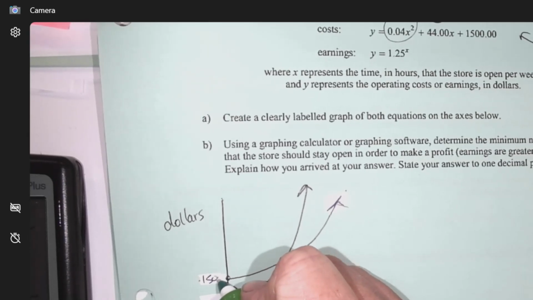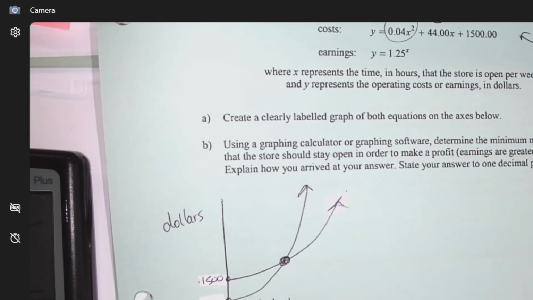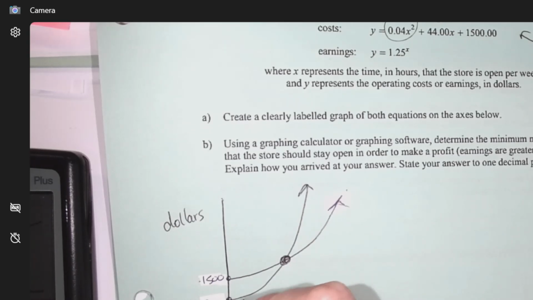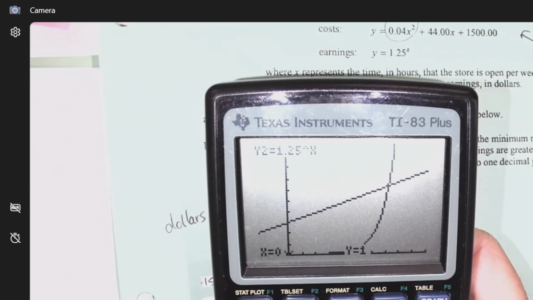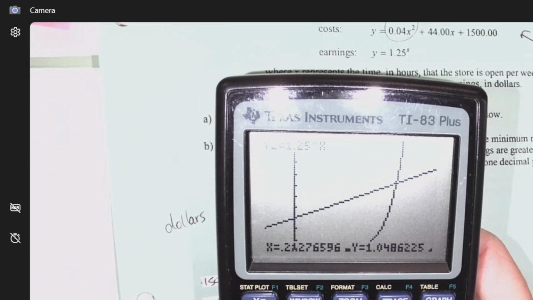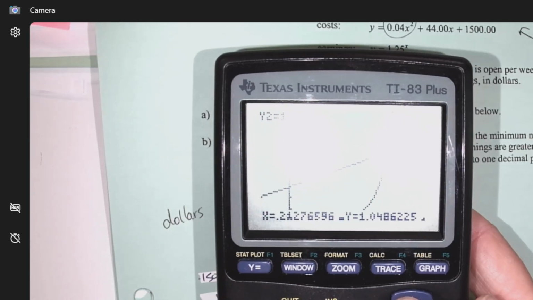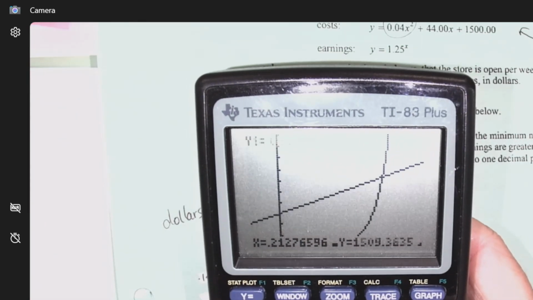So this one starts at 1500. This one started at 1. Okay, so I'm just going to tell you what I'm doing here. So if I want to jump from curve to curve, I would have to hit my buttons that are up and down.